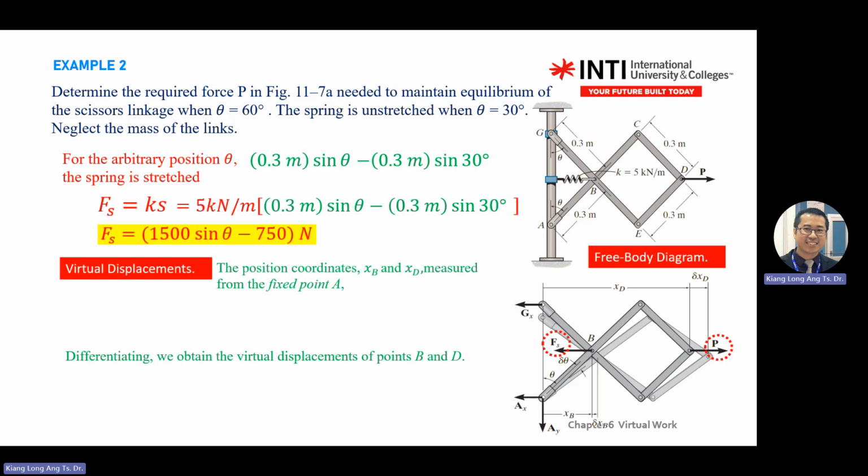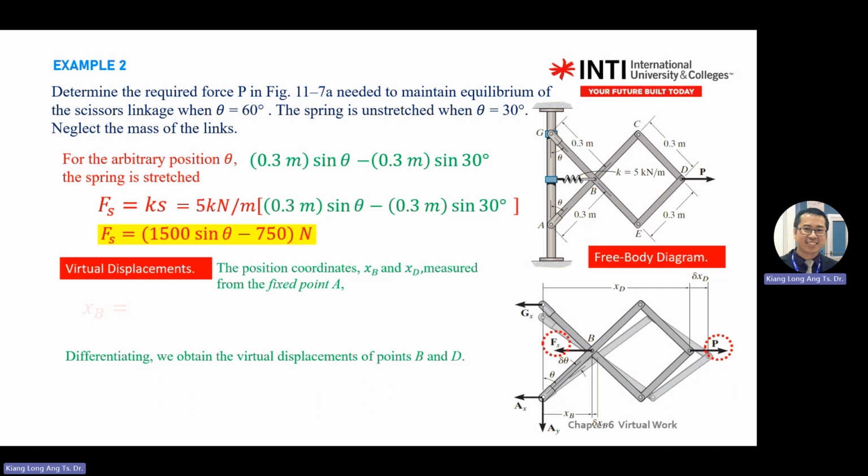So this one, virtual displacement, xb and xd measured from a fixed point A. For virtual work, we always like to find a fixed point because it's easier to make reference.